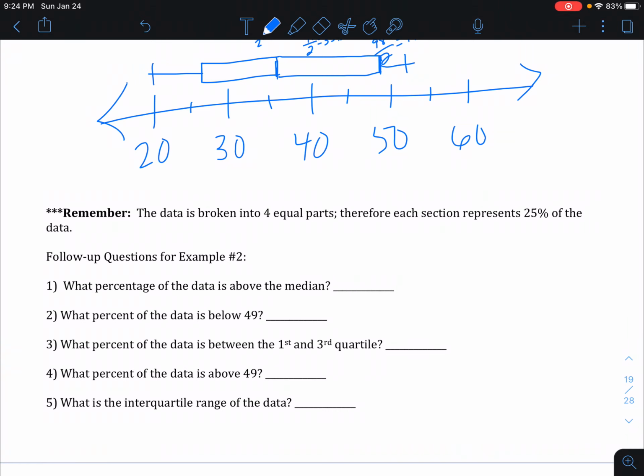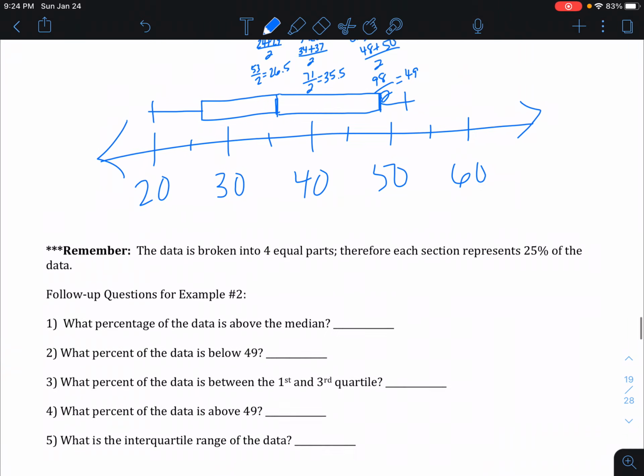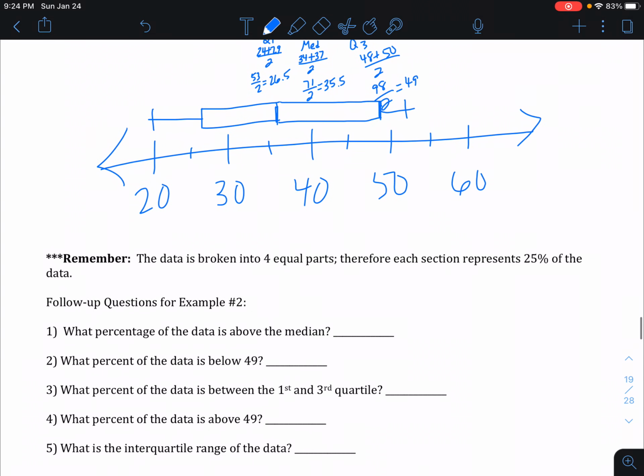Number 1, what percentage of the data is above the median? Well, the median is always the middle, so that would be 25 and 25, 50% of the data is above the median, half below, half above. What percent of the data is below 49?